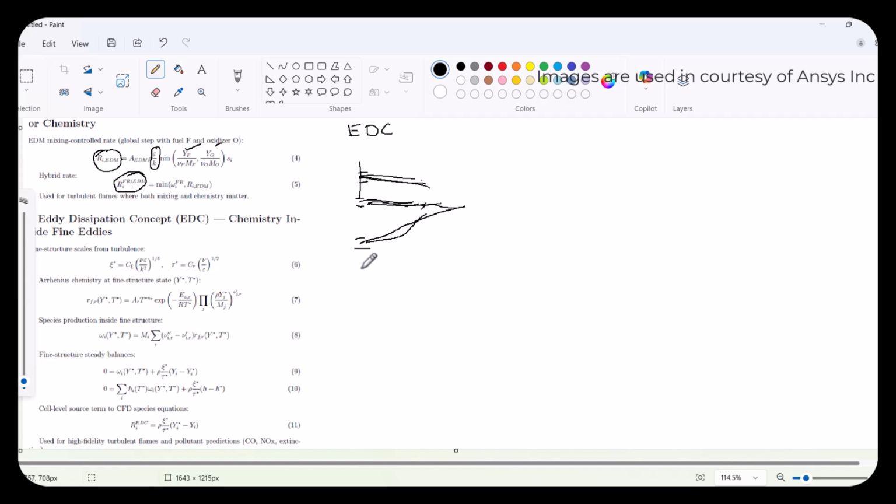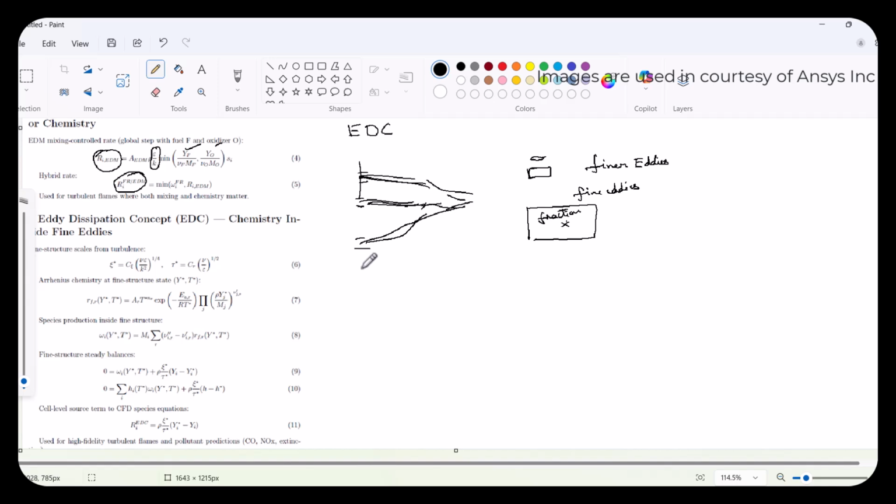When these three mix with a high turbulence rate, there comes an area where there will be finer eddies, right? Finer eddies in the sense that in a single cell, we are not considering many cells, there is a fraction in that single cell where we can say there are very, very fine eddies.